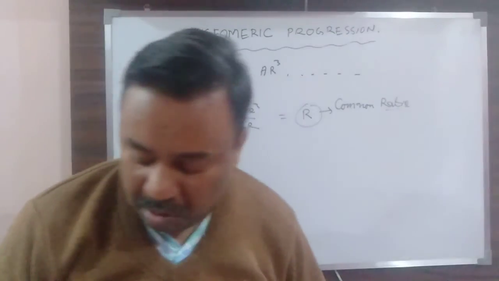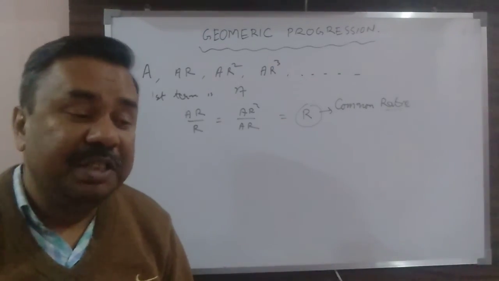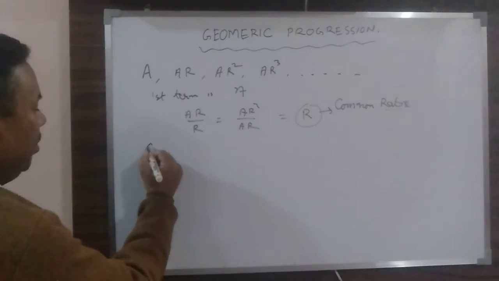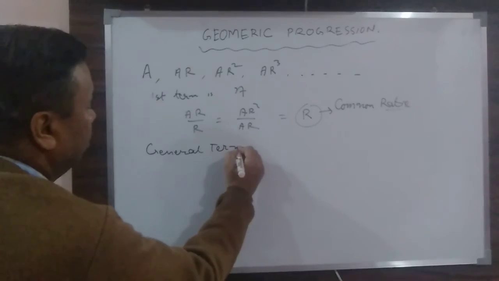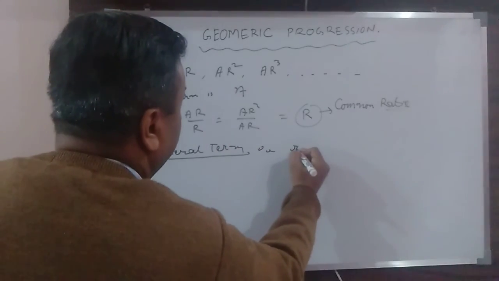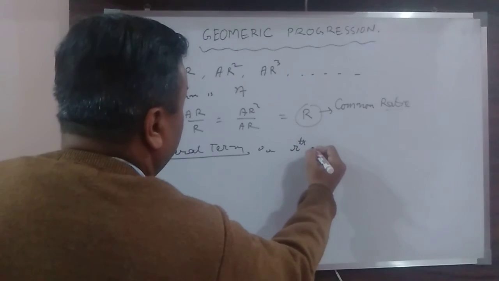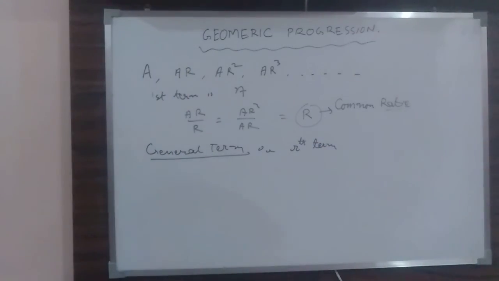Now, how will you find a general term? The very important thing is how to find a general term, where the common ratio is represented by small r.